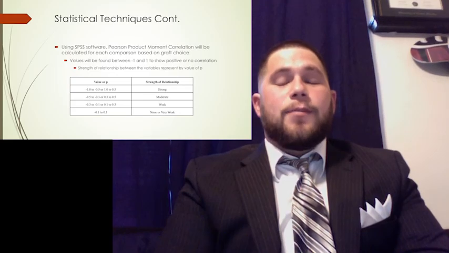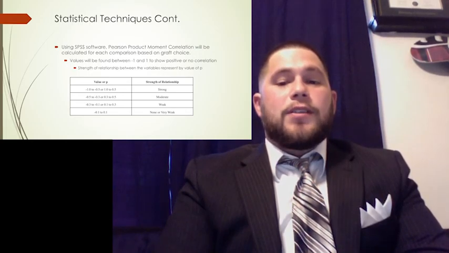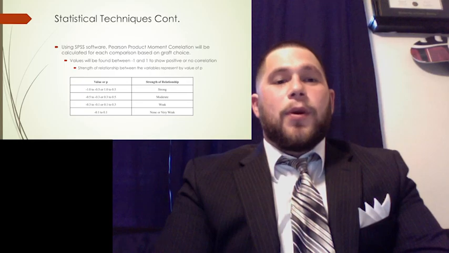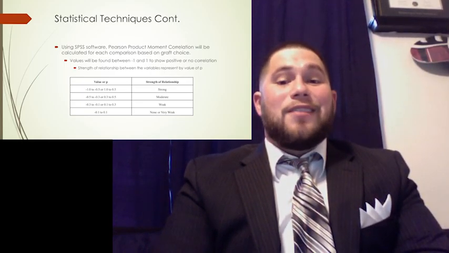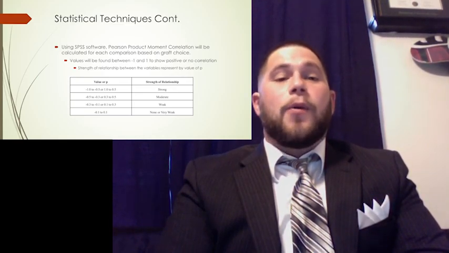From -0.5 to -0.3, or from 0.3 to 0.5, is considered moderate. Negative 0.3 to negative 0.1, or 0.1 to 0.3, is considered weak, with a range of negative 0.1 to 0.1 being none, or not, or very weak.